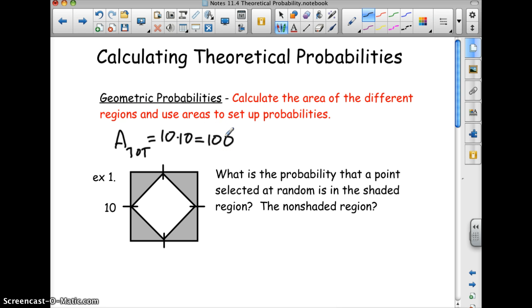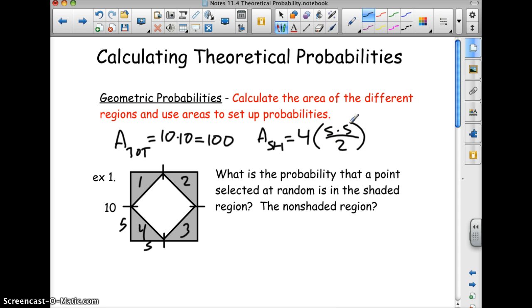Okay, that's pretty easy. The shaded area is actually made up of 1, 2, 3, 4 triangles, and each one of these triangles has a height of 5 and a base of 5, and the area of a triangle is base times height divided by 2. So the area of the shaded region is going to be 4 times 5 times 5, base times height, divided by 2.